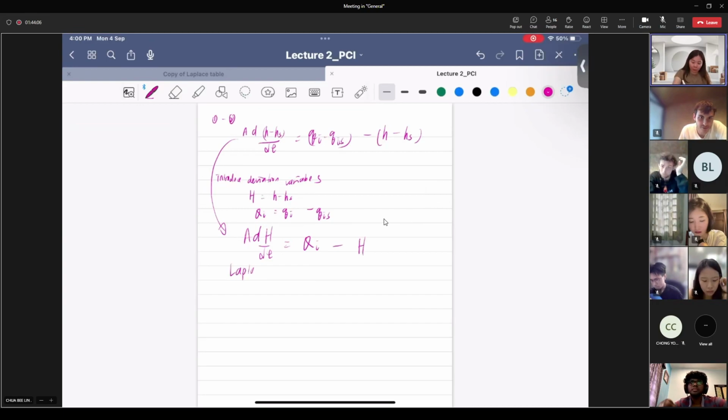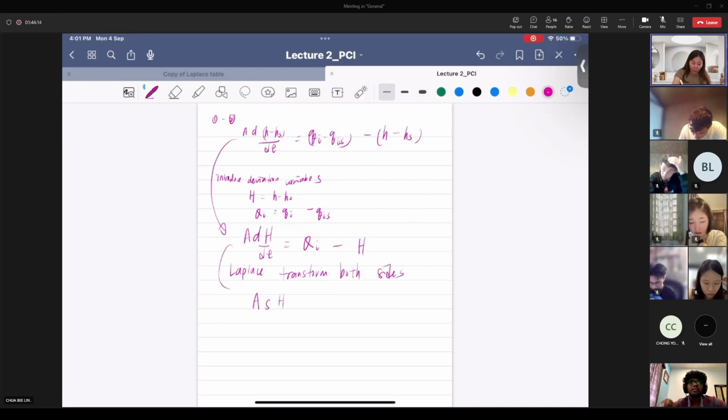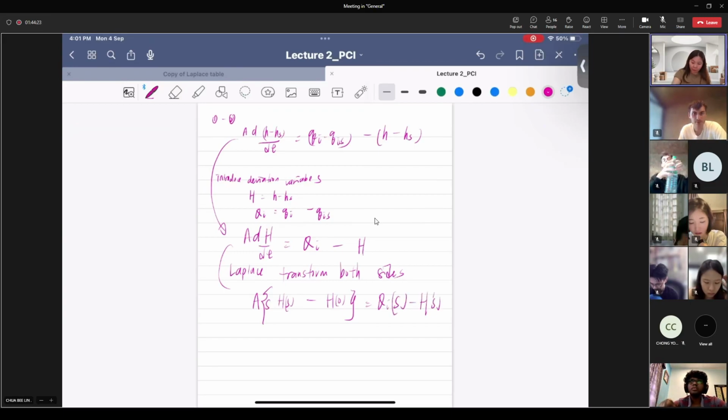Okay, repeat the same. Laplace transform both sides. You'll be having A s HS minus H0, bracket, equals Qi function of s minus HS.